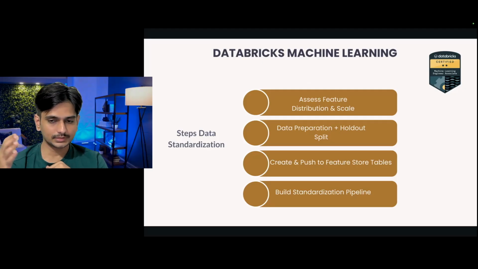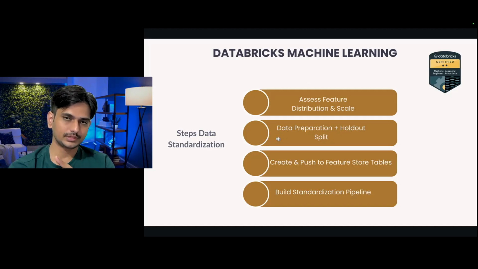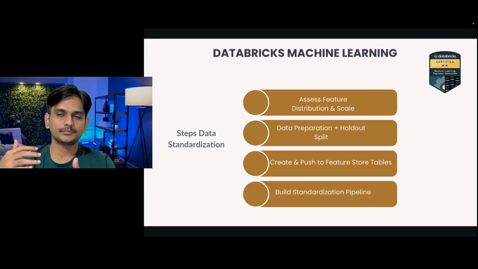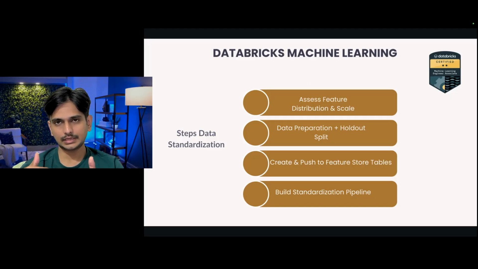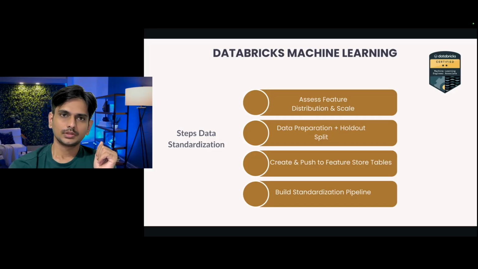You need to split the data first into three different sets, like the 60-20-20 split we talk about, and then perform the standardization. If you perform standardization before that, it can cause data leakage. That is why it is best to first split the data into train, validate, and test, and then apply the standardization.